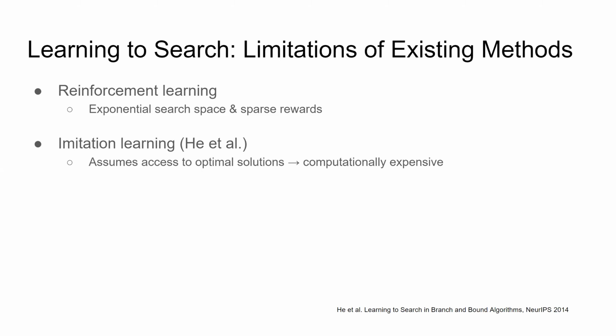RL suffers from the explosive combinatorial search space and the sparse reward problem, so the learning difficulty skyrockets once we increase the number of integer variables. Imitation learning can more gracefully deal with increasing size and difficulty of the problem, but it's limited in size. There's a certain size we can collect optimal solutions for, and that's where we draw the line of where we can apply existing imitation learning algorithms.